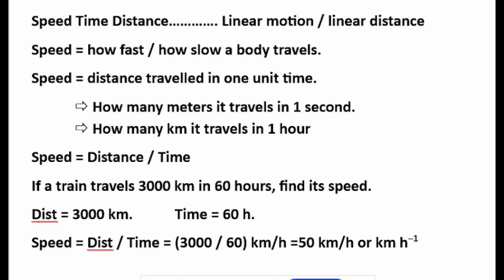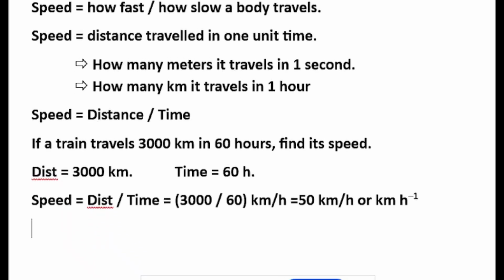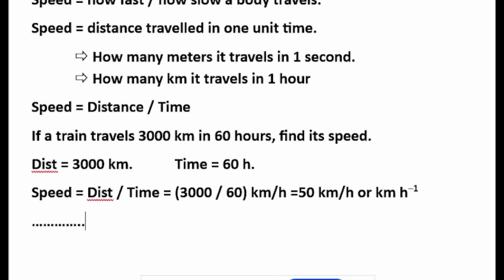Okay? First write, what is the unit? The unit for numerator, 3,000, is in kilometers. And then denominator, time, the unit, hours. So first numerator, then denominator, first kilometer, then hour. So kilometer per hour.